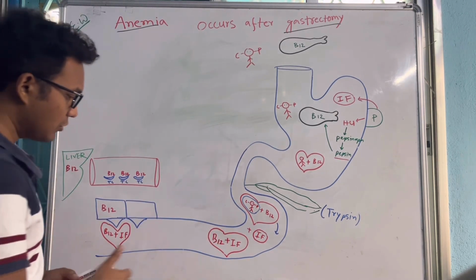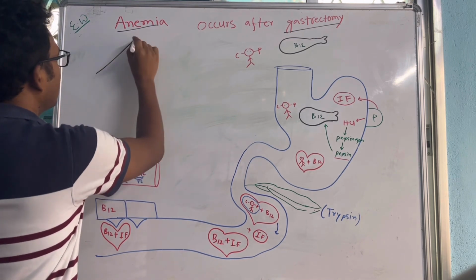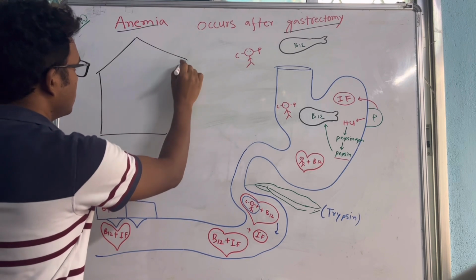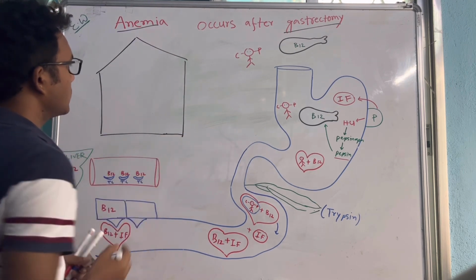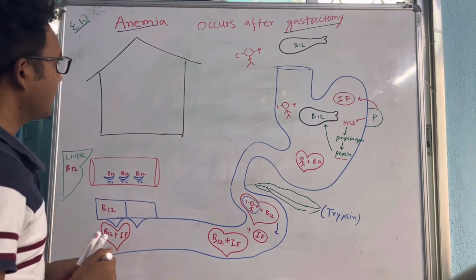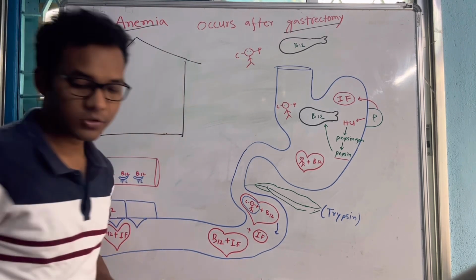Now I will draw a sketch of a bone marrow house. Suppose this is a bone marrow, and in this bone marrow RBC is produced.